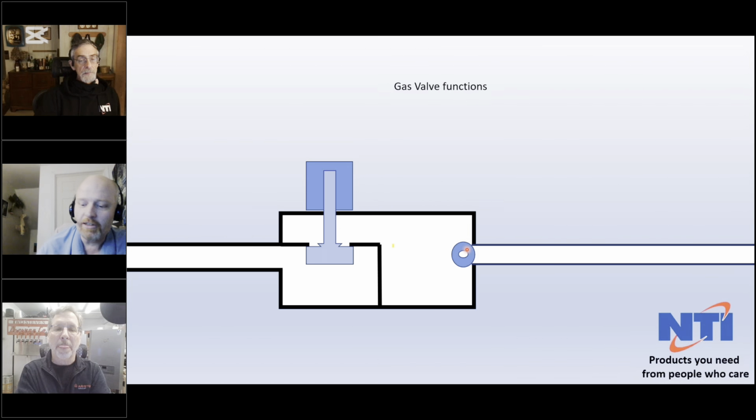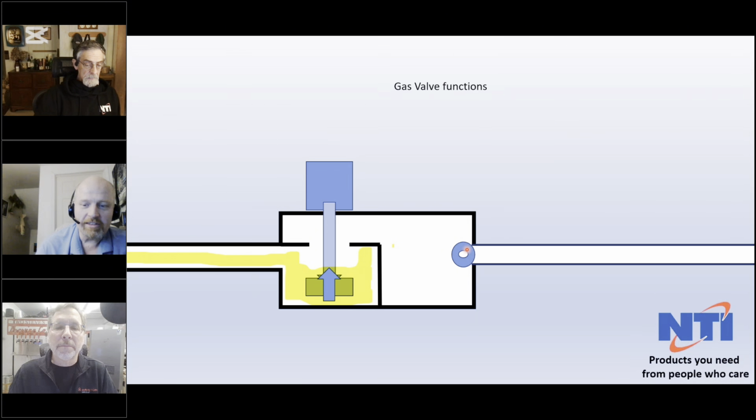So an orifice kind of does what you might expect. So we've got gas coming in, it's going to apply upwards pressure on our plunger, preventing the valve from opening. The solenoid is designed to overcome this under normal conditions. Our gas is going to flow, and then the restriction from the orifice is going to limit the amount of gas that gets out of the valve to some lower value.